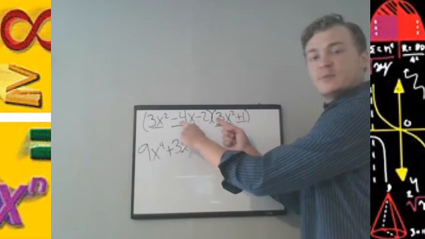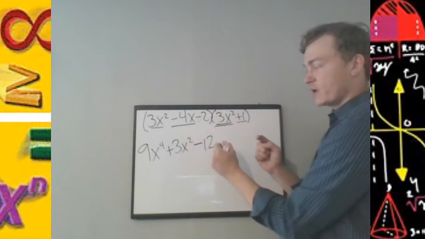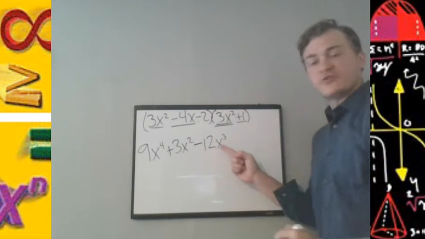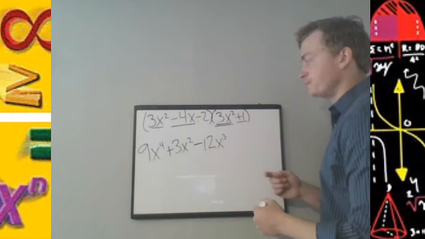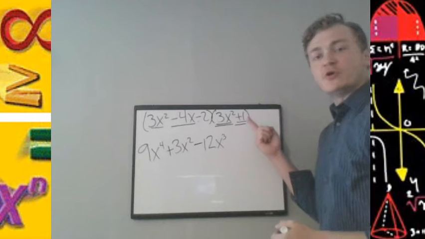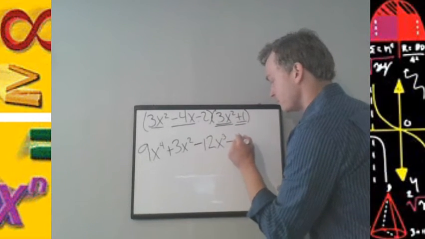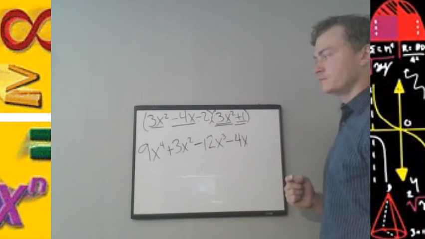Minus 4 times positive 3 is minus 12. X times x squared. We now have 3 factors of x, or x cubed. Minus 4x times positive 1. Again, you multiply it to a positive 1, you'll get back the minus 4x.